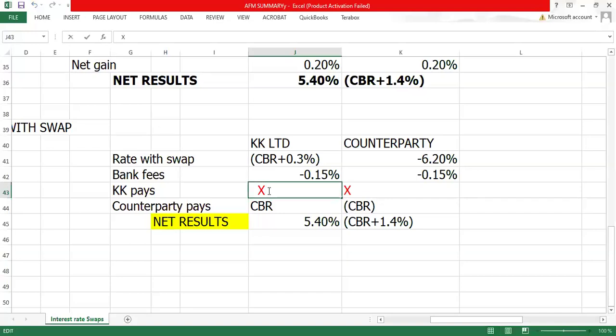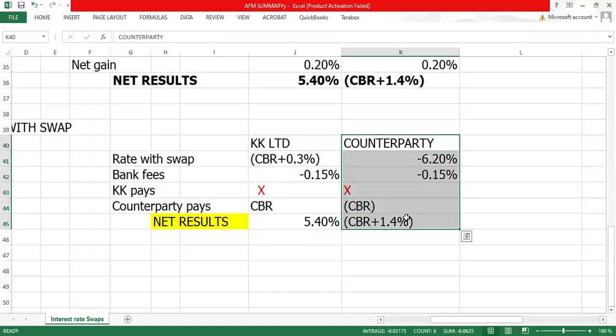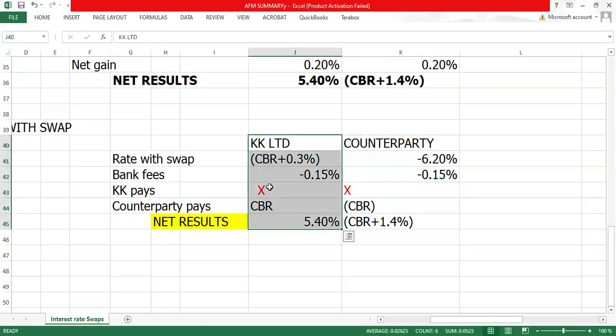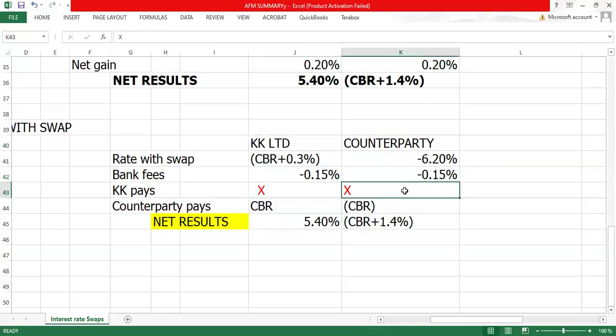And the beauty with this is that if you get the figure here as a positive, just make that figure a negative here. So you can focus on one side. If you do this and get a negative here, then on the other side you make that figure a positive. Just maintain the figure, but change the sign.